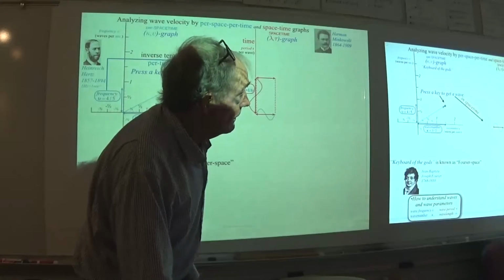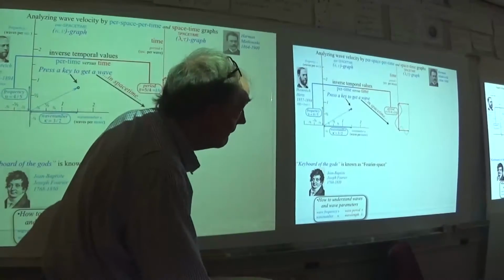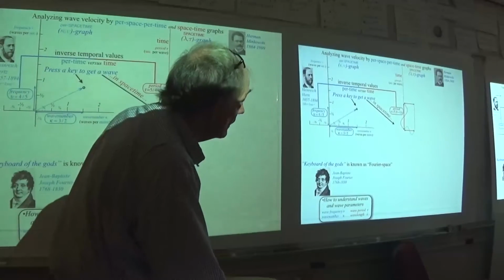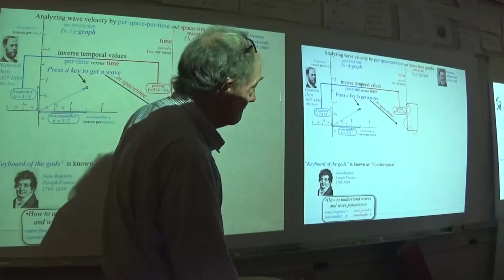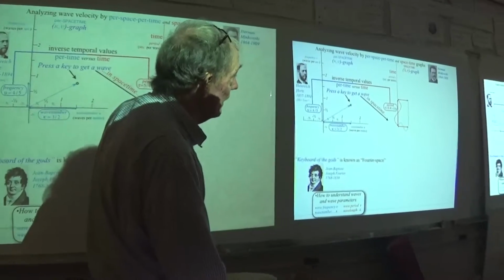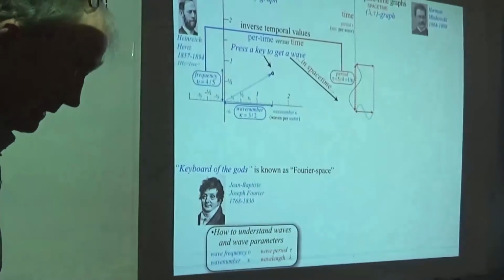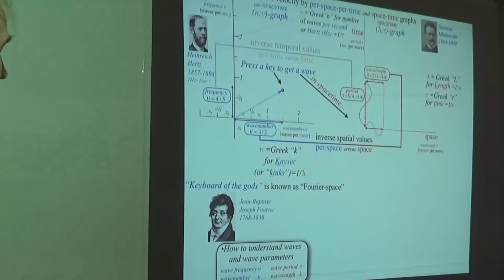Let's get this one up to speed, and this one as well. Okay, so the inverse of frequency is period, and that's the notation that we're going to be using for that. You can see it on that one, and let's go ahead on this one just for the heck of it.